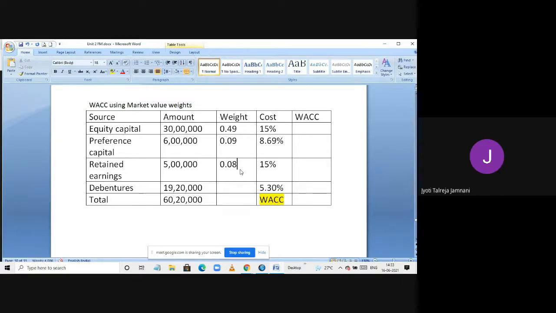And last, 19 lakh 20,000 divided by 60 lakh 20,000 is 0.318. If I round it off, it is 0.32.